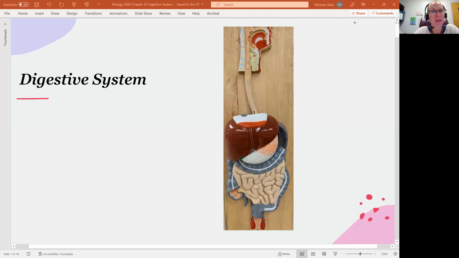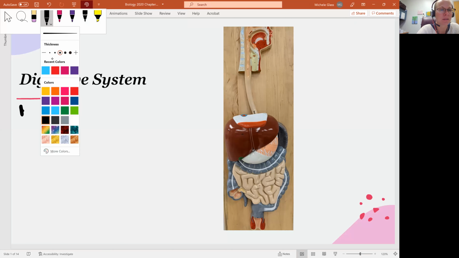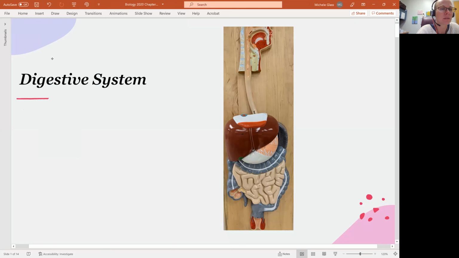And of course, the best place to start is just, okay, what exactly is the job or the jobs of the digestive system? And so what we can say is their job is to break down food, release nutrients.